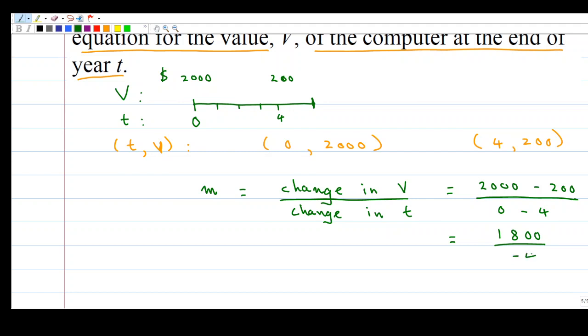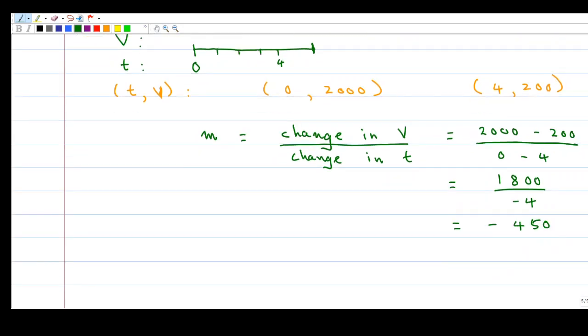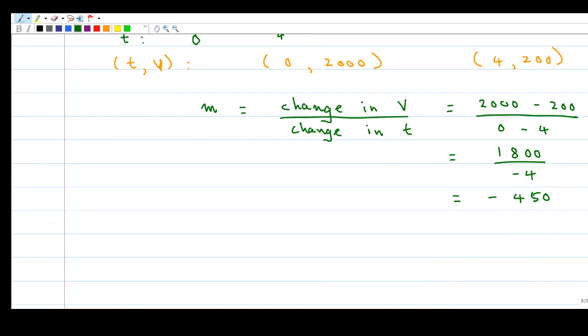The denominator is -4. So this gives us negative 450.